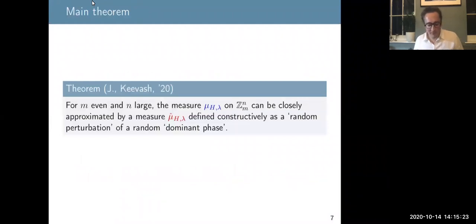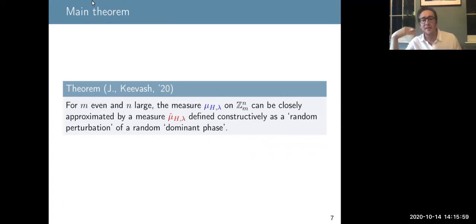So what we show, and let me first state our theorem in vague terms, and then hopefully these terms will crystallize throughout the talk. What we show is a very strong phase coexistence type result for these measures on the torus. What we show is that this measure mu_{h,λ} on the torus can be very closely approximated by another measure mu-hat, which we define constructively as a random perturbation of some dominant phase.